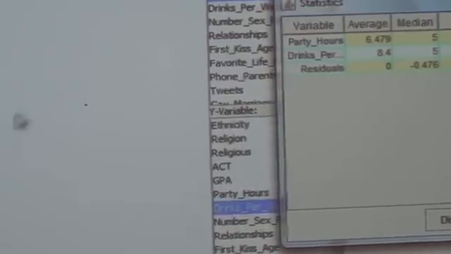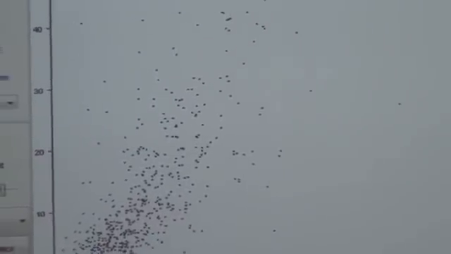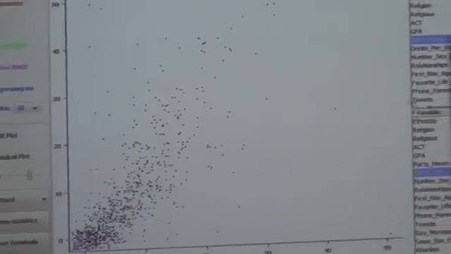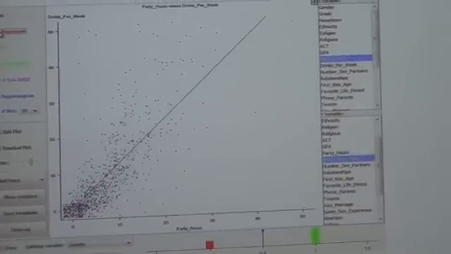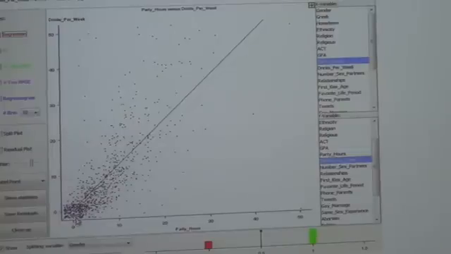Very good. Now, if you look at the regression line here, first off, I should show you these residuals. These are your errors. Here's your regression line. Everybody who's off the regression line has an error. Like this person, huge error.